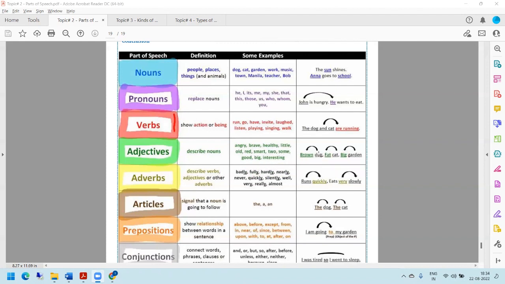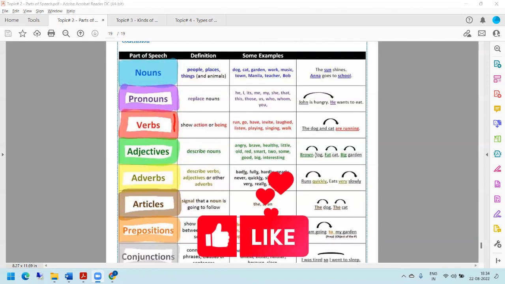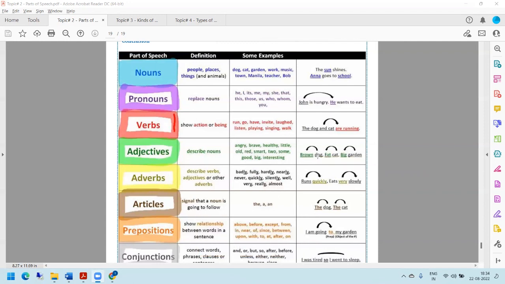Like brown dog. Brown is a color, dog is a noun, right? Brown is a color name, and dog is an animal name. So what is the color of this dog? That is a brown dog. So brown is an adjective and dog is a noun. Fat cat, big cartoon.